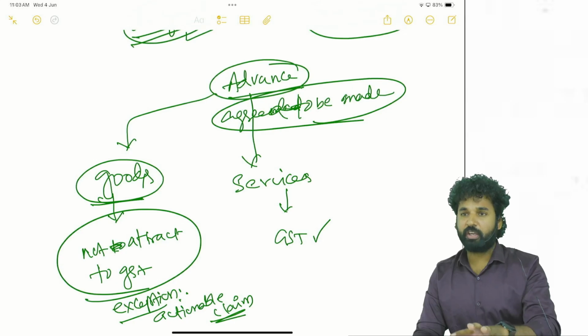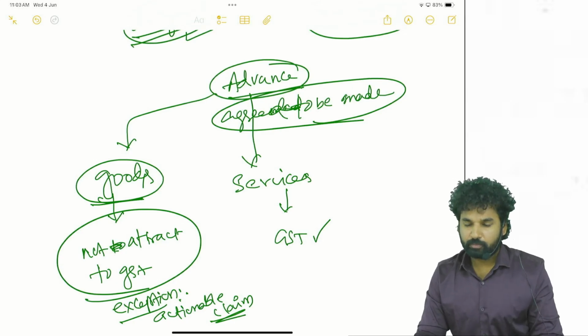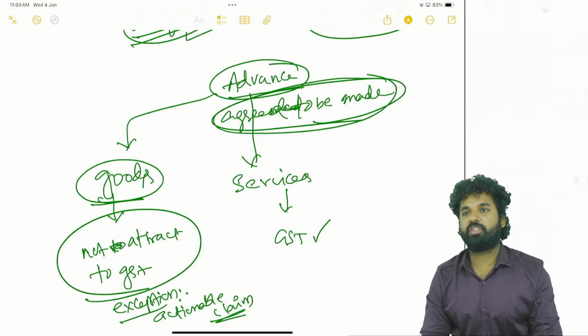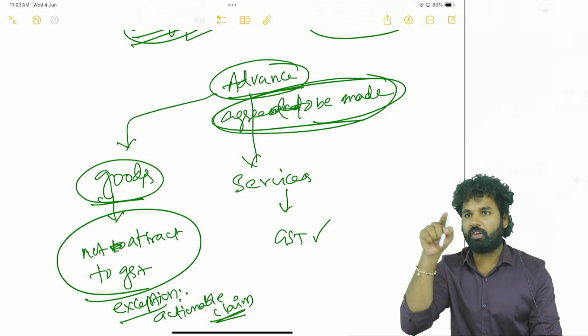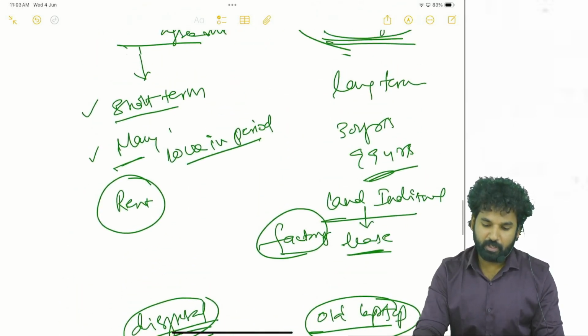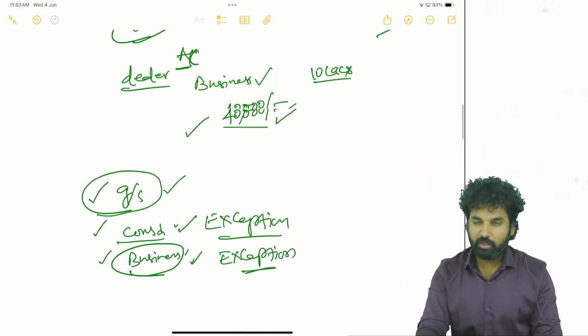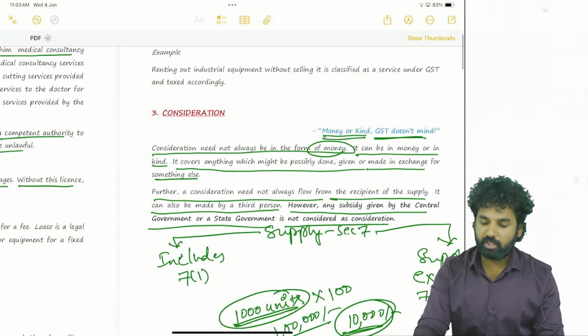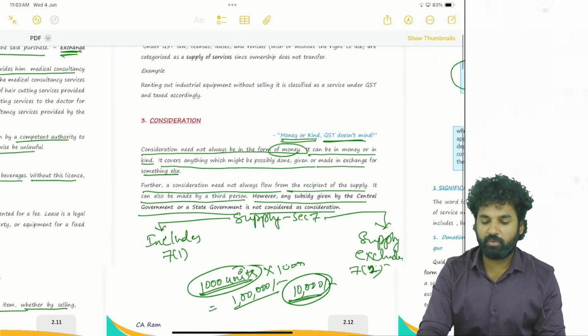Why are we discussing this point? Because there is a term "agreed to be made for consideration" in section 7 subsection 1 clause (a). So we are looking at the definition of consideration.